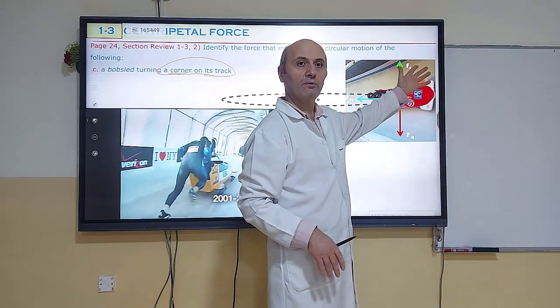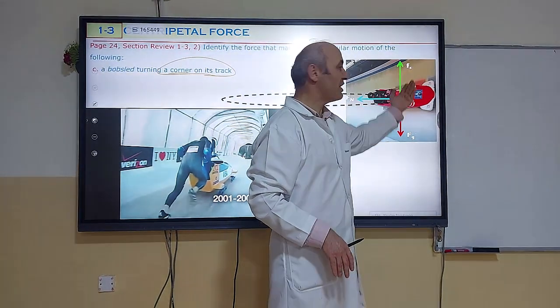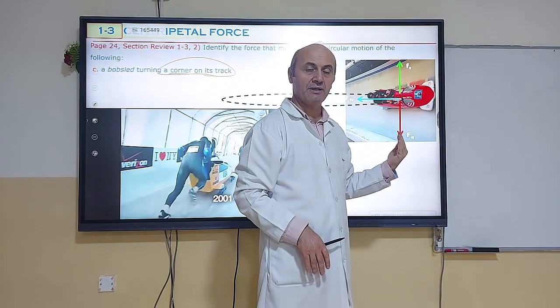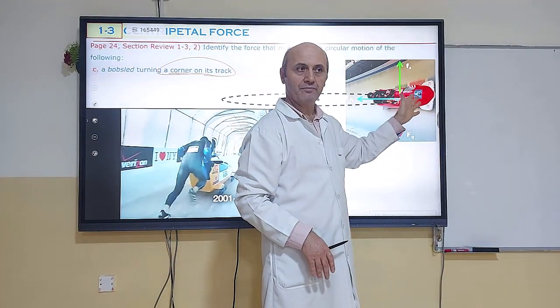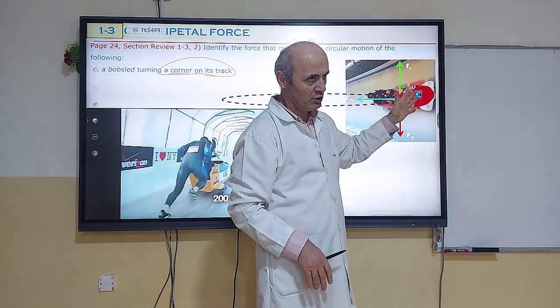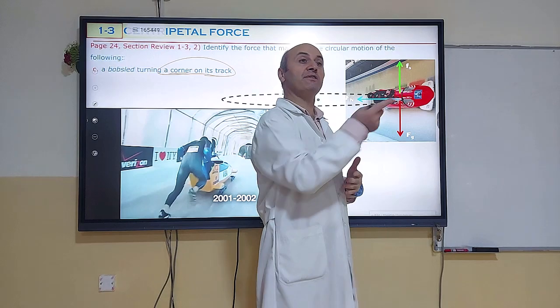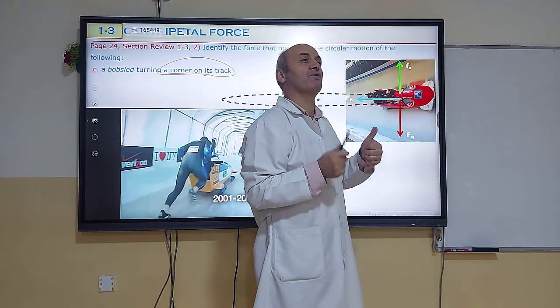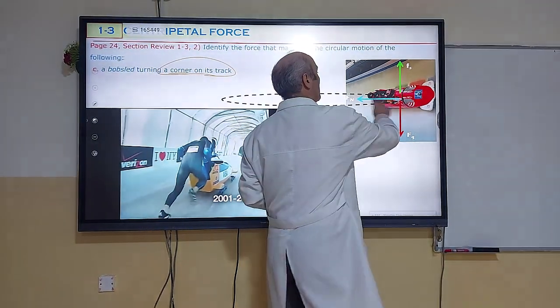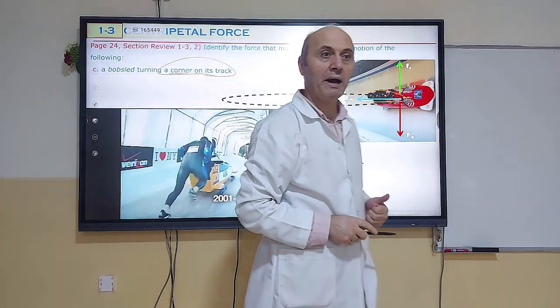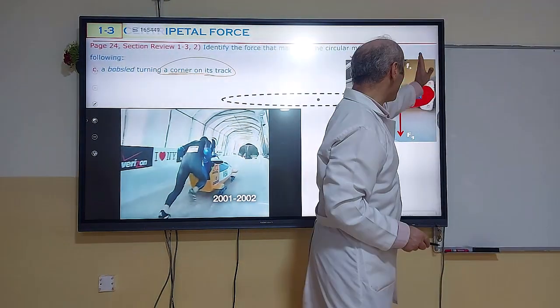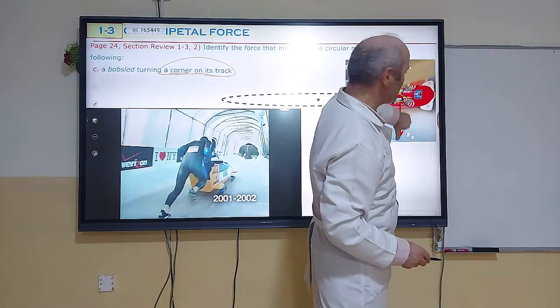It's climbing the wall. The contact surface between the bobsled and the track is vertical. If the contact surface is vertical, the normal force is going to be horizontal. Also, we said that for circular motion on a vertical contact surface, the centripetal force is the normal force by the wall. Yes, the track provides a normal force. What about Fg?